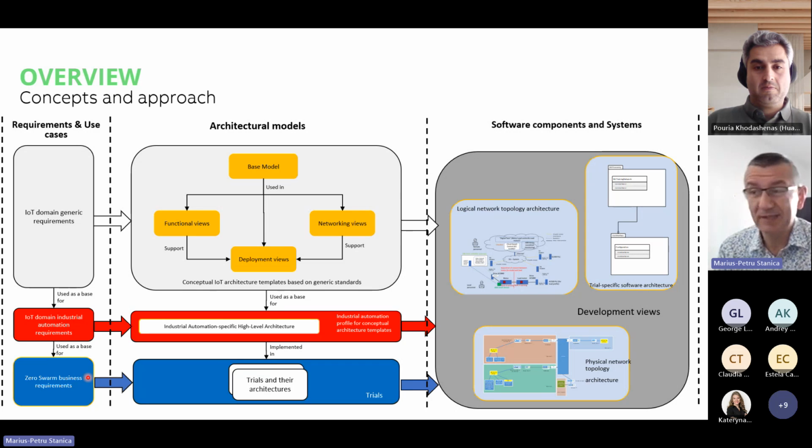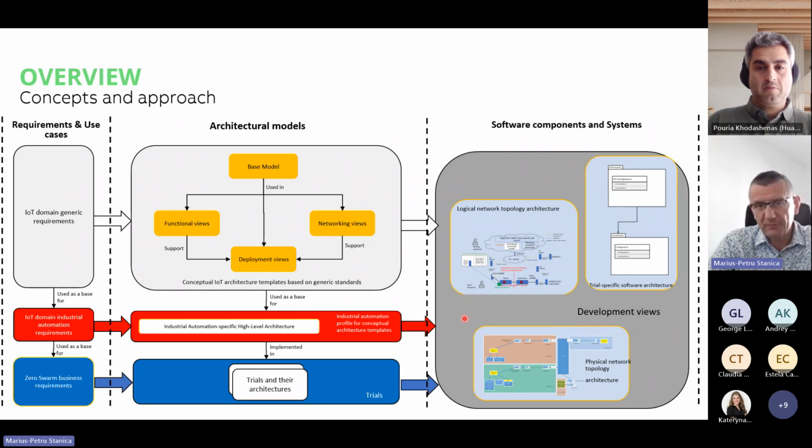And therefore, we had to relate the business requirements existing in the trials and in the existing EU project Zero Swarm requirements to the rest of the requirements, to the generic industrial automation, and in general to the IoT generic requirements. And therefore, we arrive at these architectural models, which we see on 3 layers here: generic, industrial automation and Zero Swarm related.